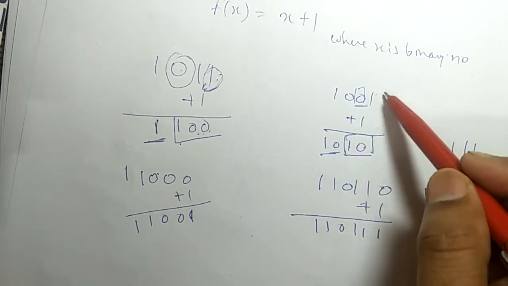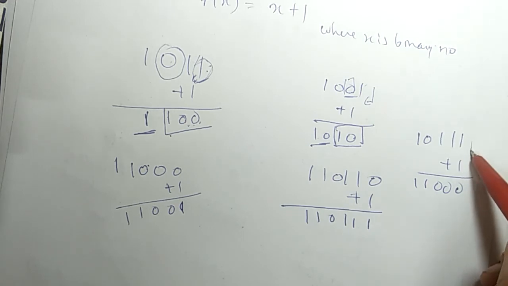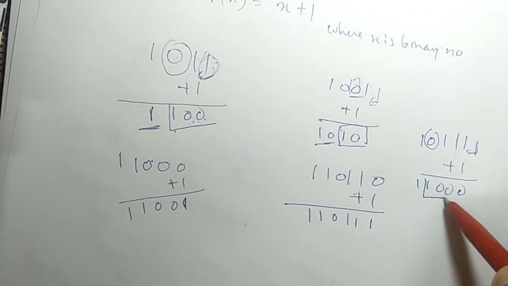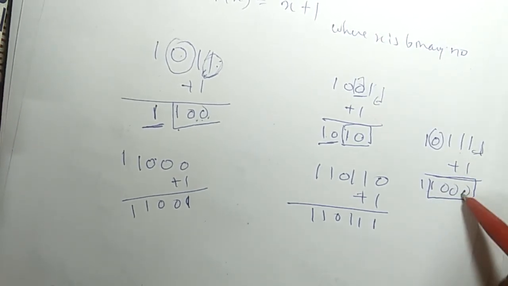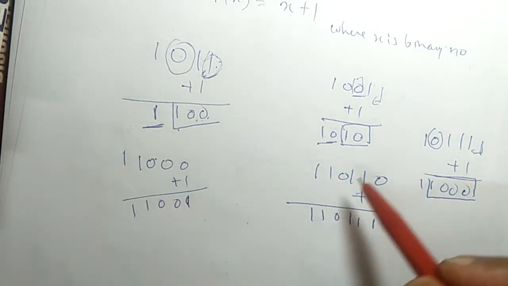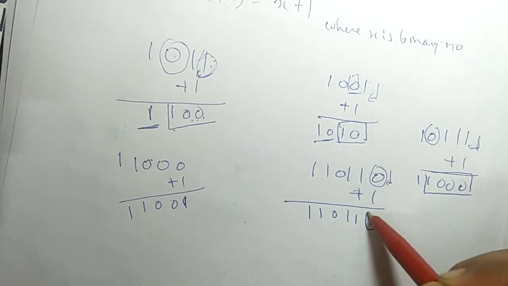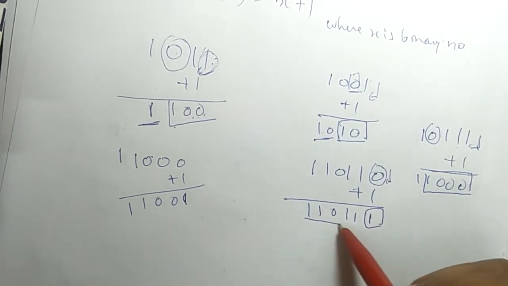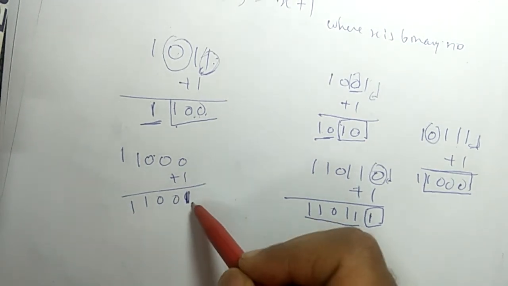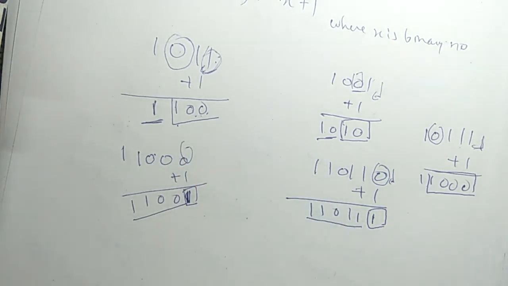We have to find the very first 0 from this corner. Similarly here, we have to find the very first 0 from this corner, and till this 0, everything is going to be complemented. Here from this corner, till the very first 0 we have to complement, and everything remains unchanged. Similarly here.